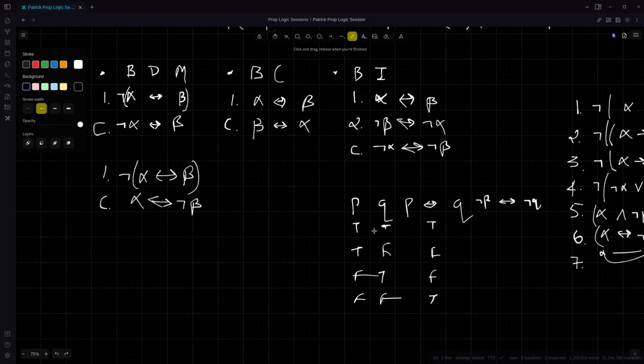These are going to be F F, and F F is true. This is going to be F T instead of T F, and that's going to be false. This is going to be a T F, that's also going to be false, and this is going to be T T, which is going to be true. So if you look at this, these are logically equivalent because the truth table is the same.